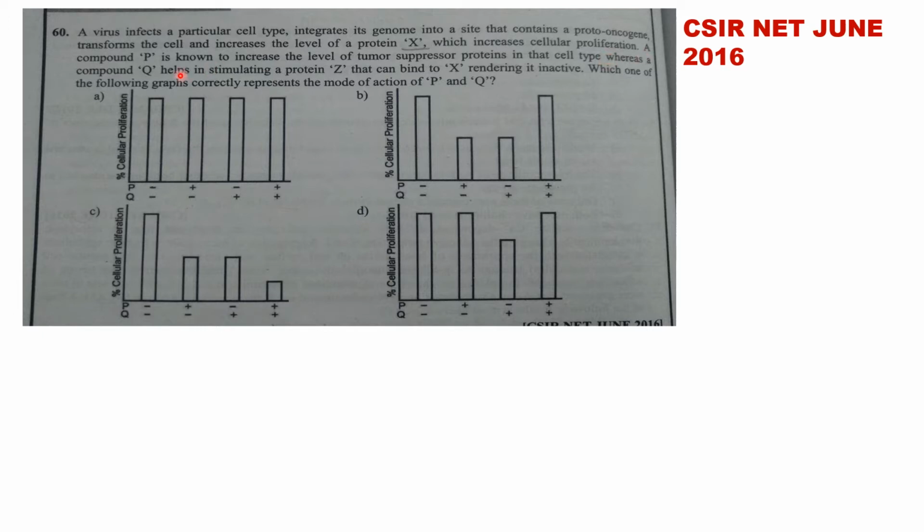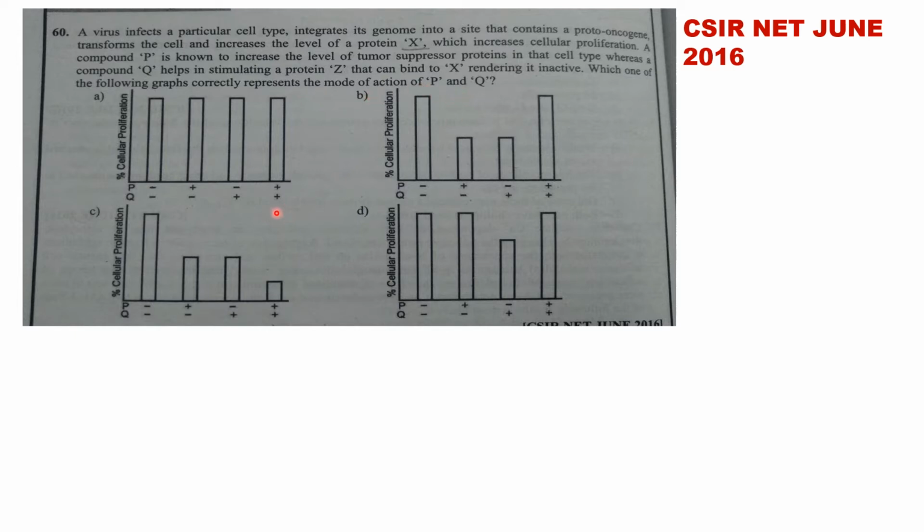A compound P is known to increase the level of tumor suppressor protein in that cell type, whereas a compound Q helps in stimulating a protein Z that can bind to X, rendering it inactive. Which one of the following graphs correctly represent the mode of action of P and Q?